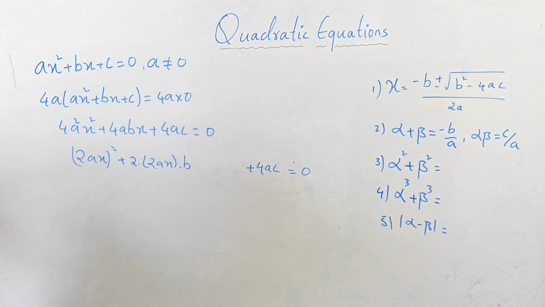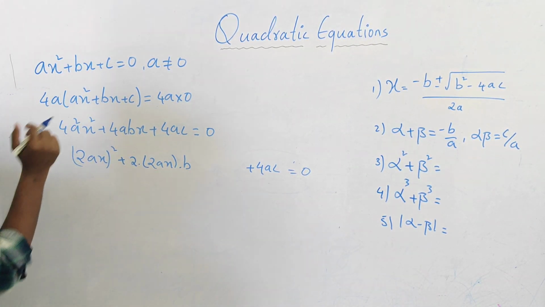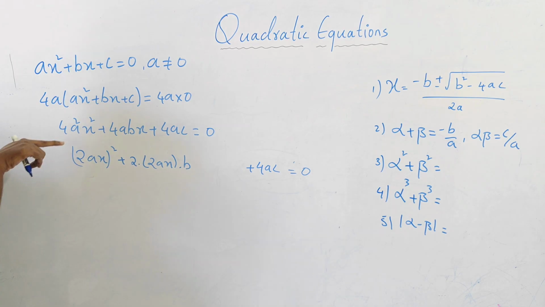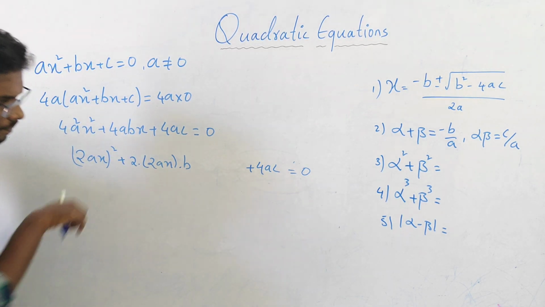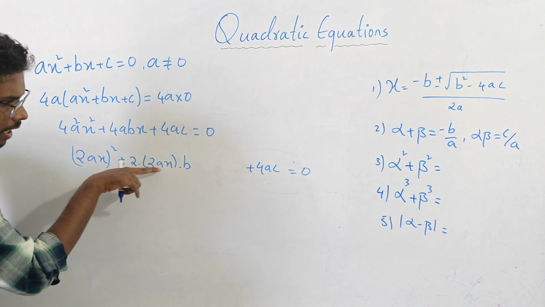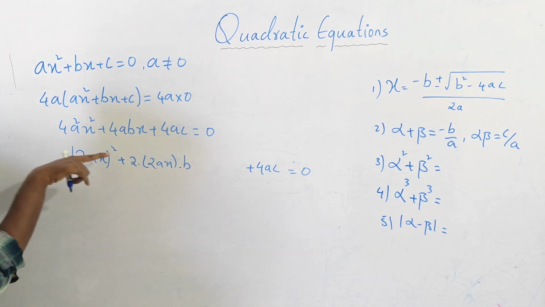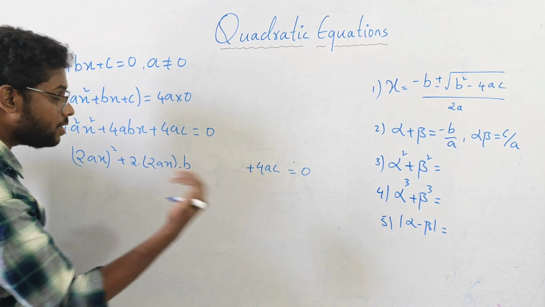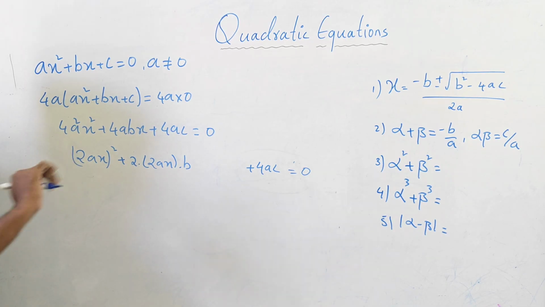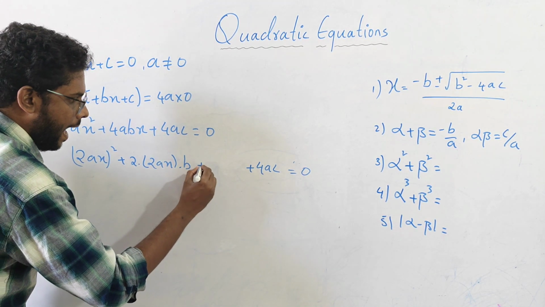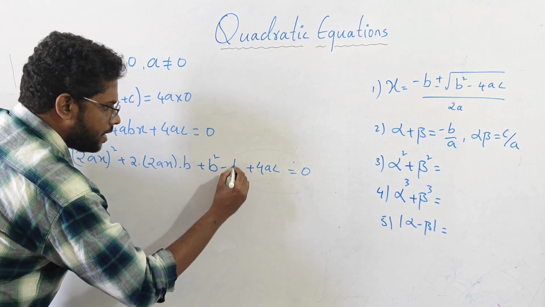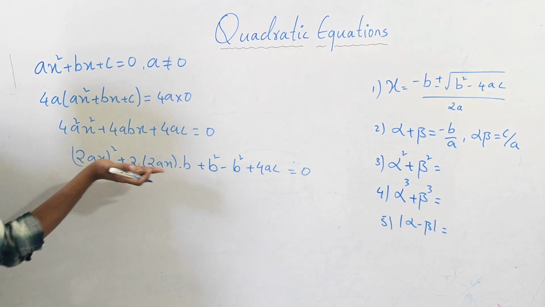Look here, I need to write this equation in the a plus b whole square formula. So here you can observe, this is a square plus 2ab, correct? The a plus b whole square formula is a square plus 2ab plus b square. Where is b square? b square is not there. In order to get the b square, I will add b square and I will subtract b square. Understood this step?